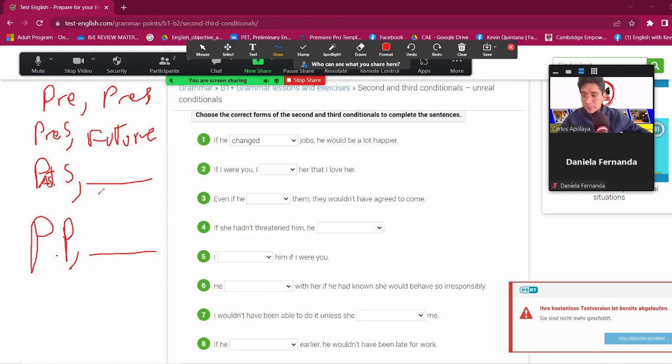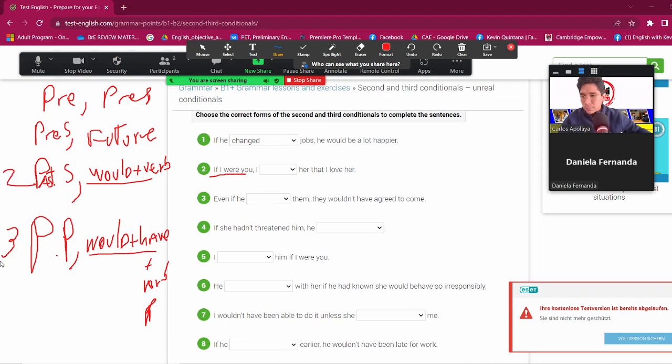Do you remember? Would. And here we use would or not. Would have. Yes, would plus have, plus the verb in past participle. This is the second or the third conditional?